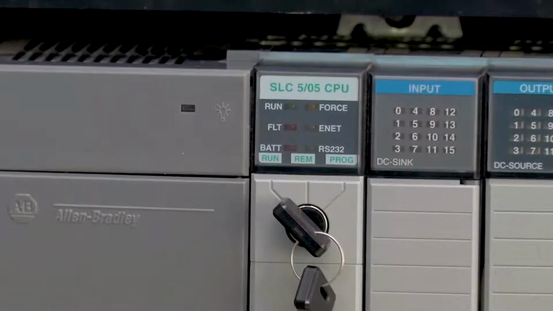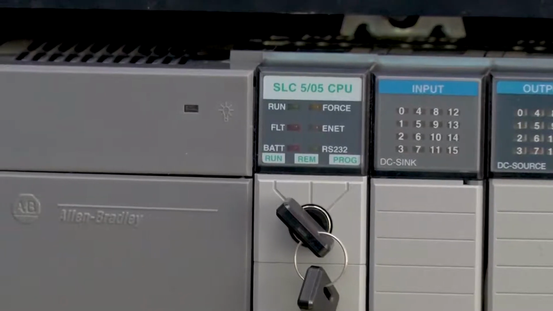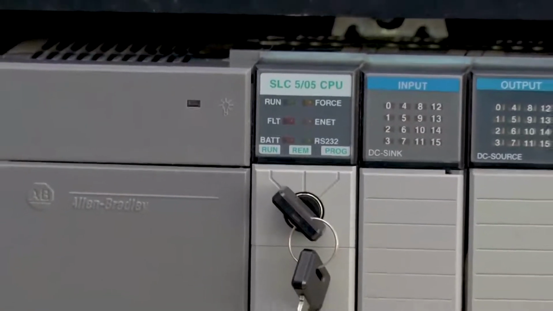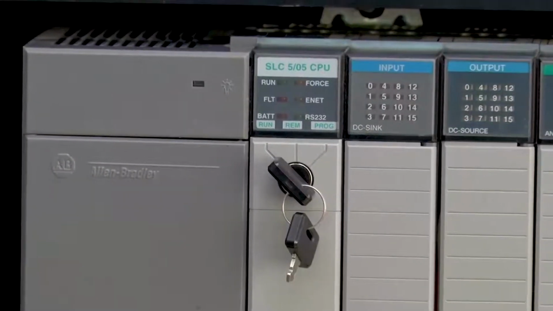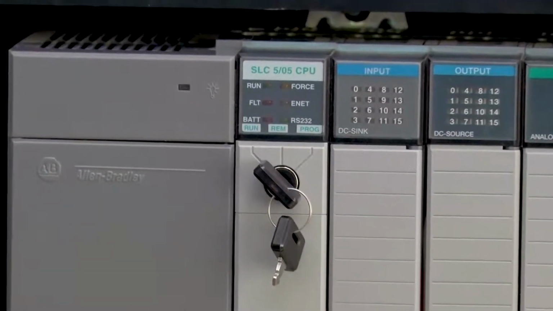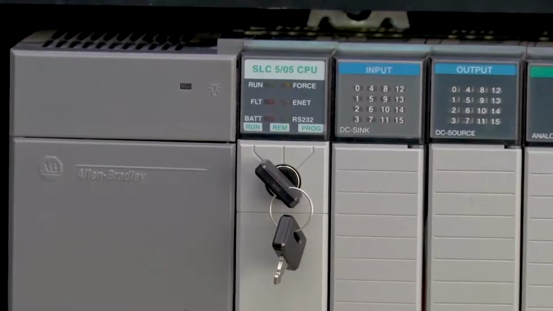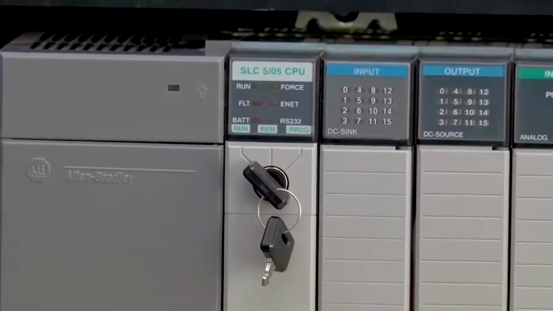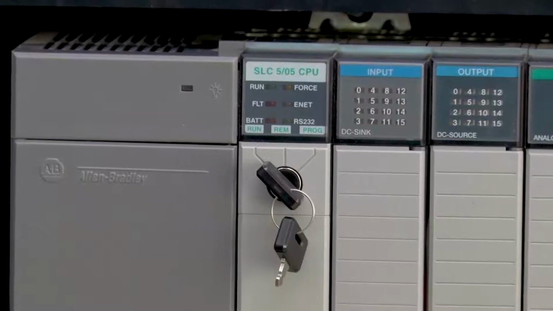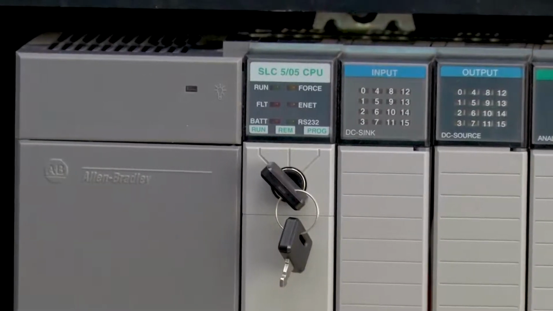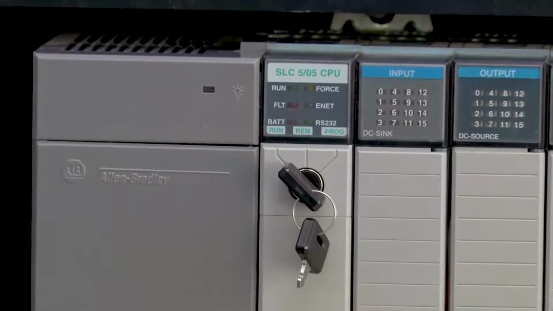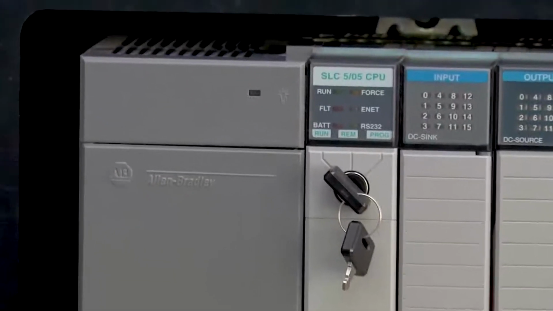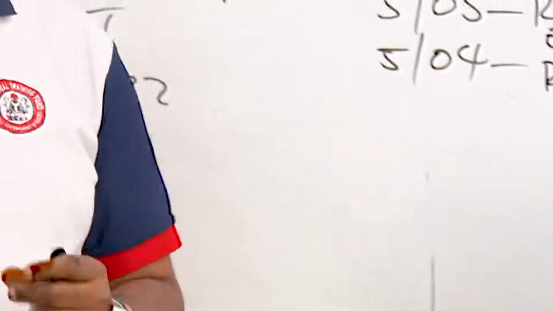So another one there is the BATT. Another indicator there. So this means run. This is when there is a fault, this light will come on. Then this force means once there's an I/O that is forced. By forcing, it means that a device on the field may not really be working properly, so you go and force the I/O.